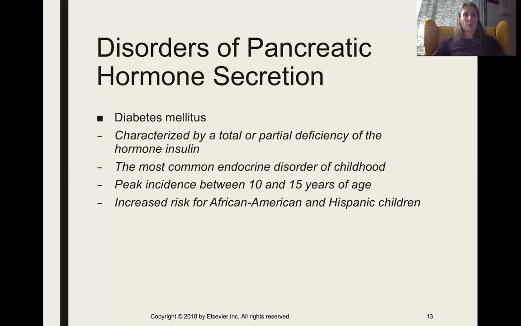But because type 2 has become so prevalent, diabetes mellitus as a whole has an increased risk for African American and Hispanic children. Diabetes is going to affect all areas of the body as it affects the uptake of all of the energy producing hormones and substances in the body.